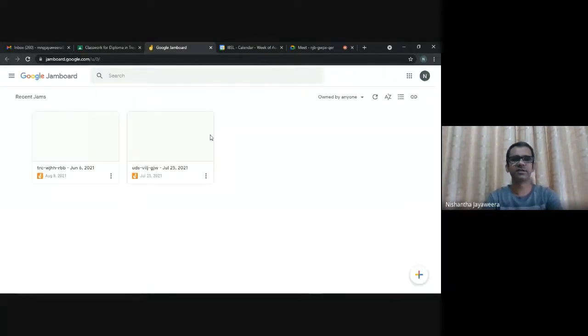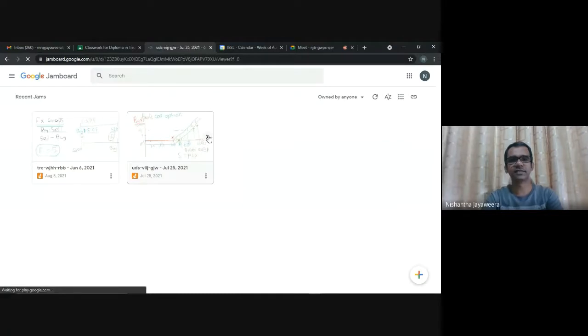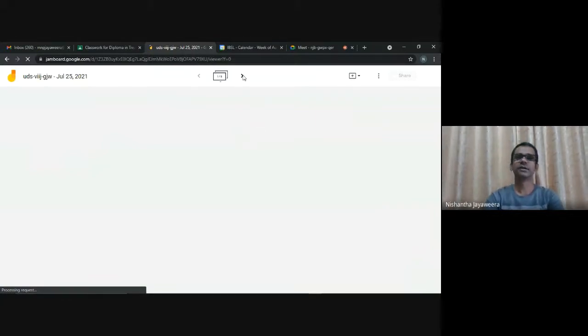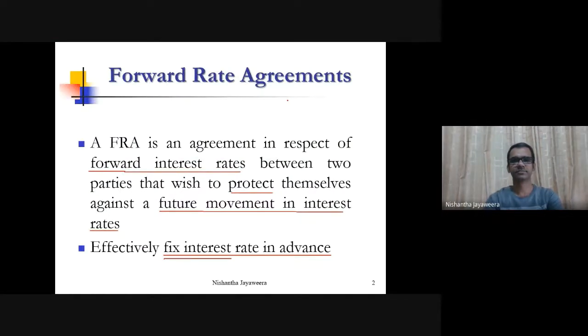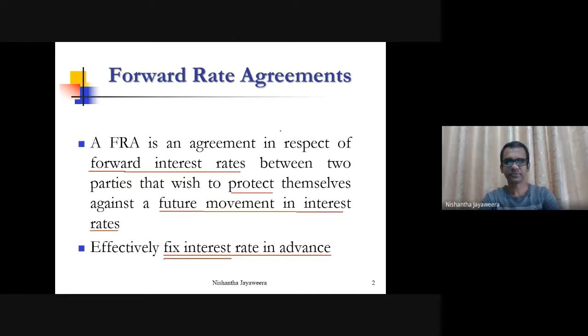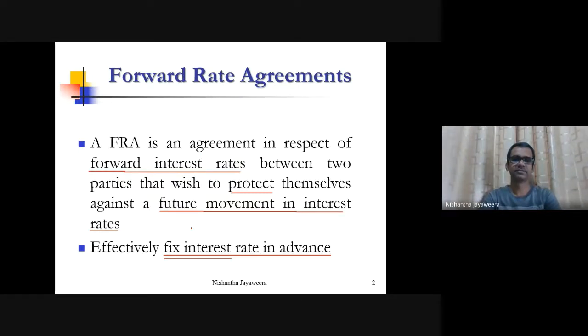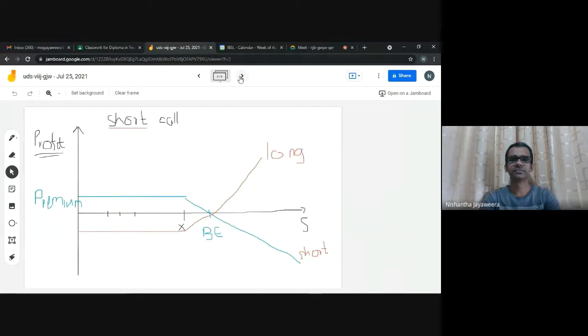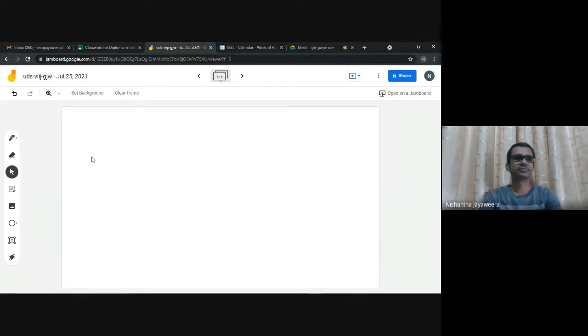If I ask what is the 3 month interest rate today, what is the 3-month interest rate in Sri Lanka?